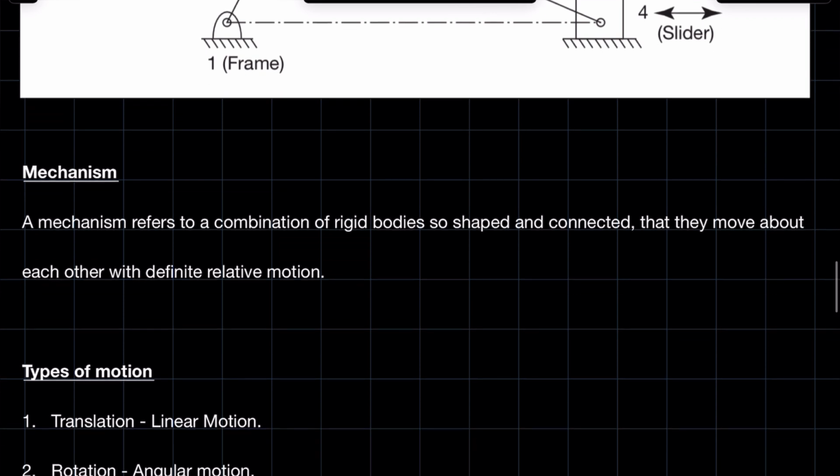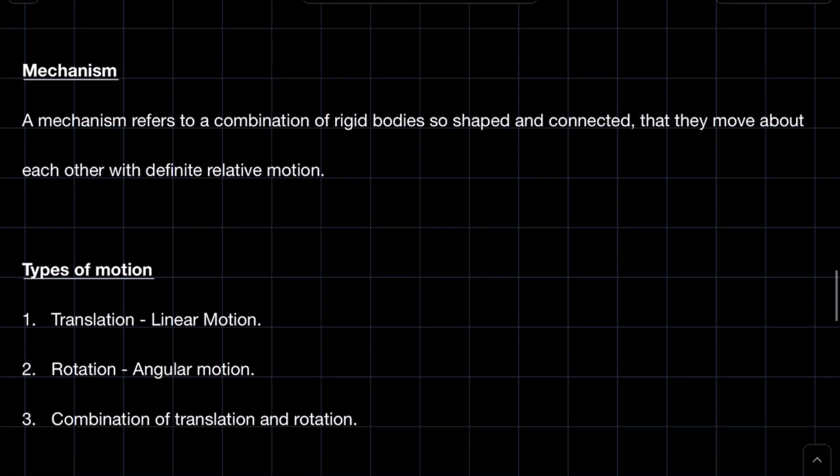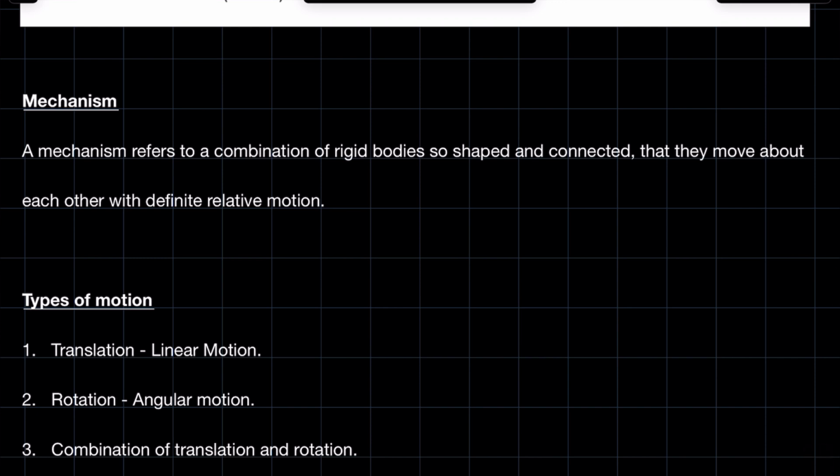One being translation, which is also known as linear motion. The second being rotation, which is also known as angular motion, and the third one being a combination of translation and rotation, right?